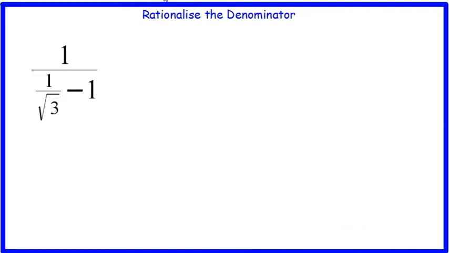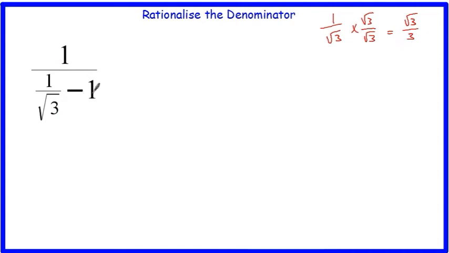And finally, my final example, and you'd be very unlucky to get one as difficult as this. I've got a square root in a denominator and then in a denominator again. So to deal with that, first of all, I have to deal with this, which is 1 over root 3. Let's get rid of that one. Okay, so that becomes that.